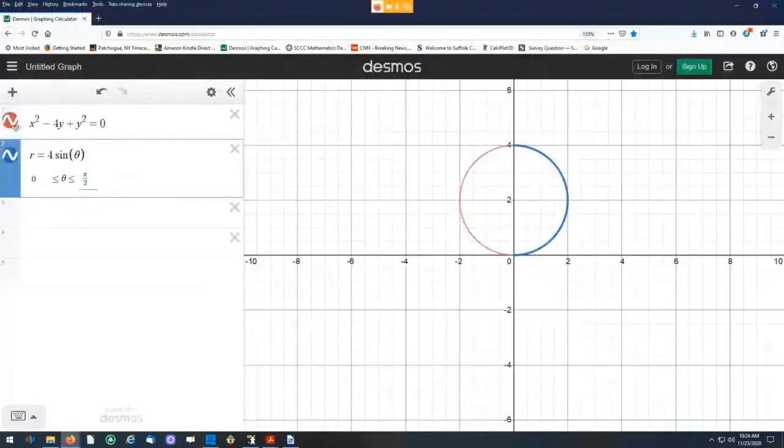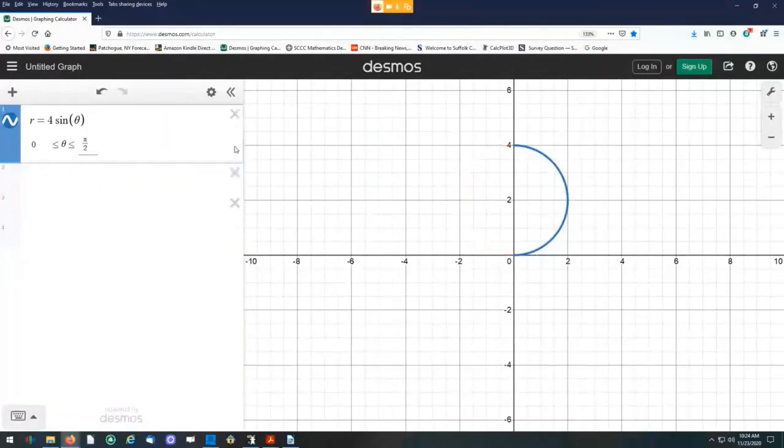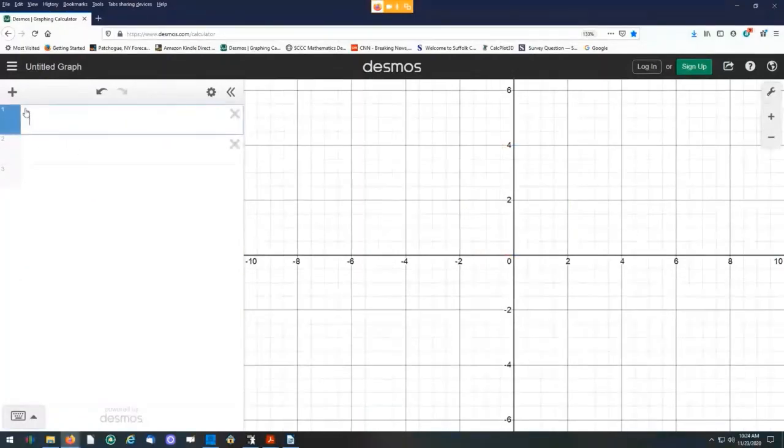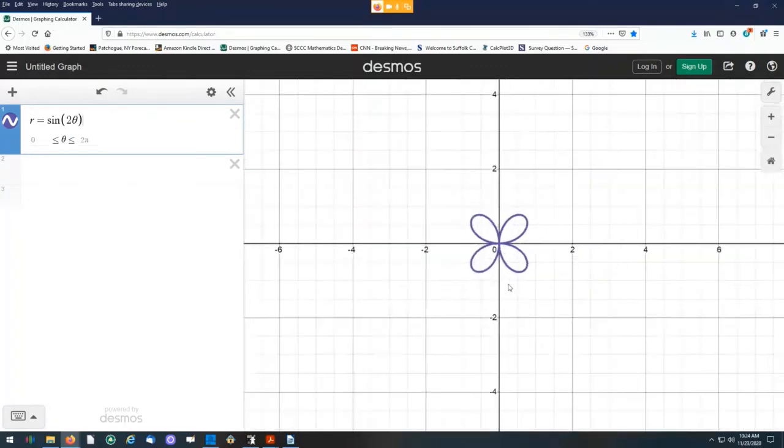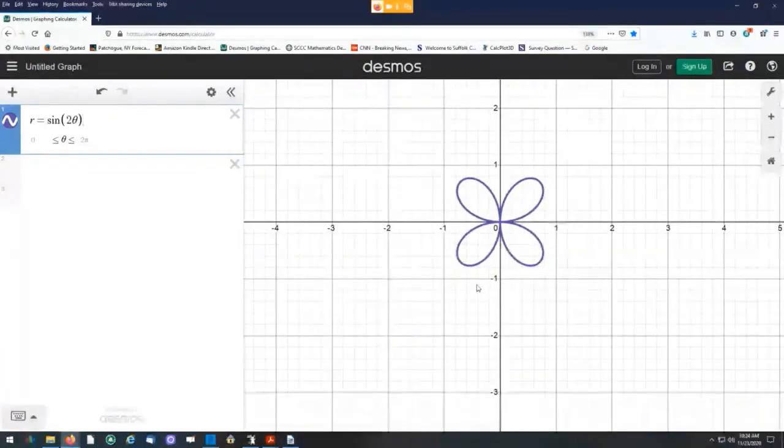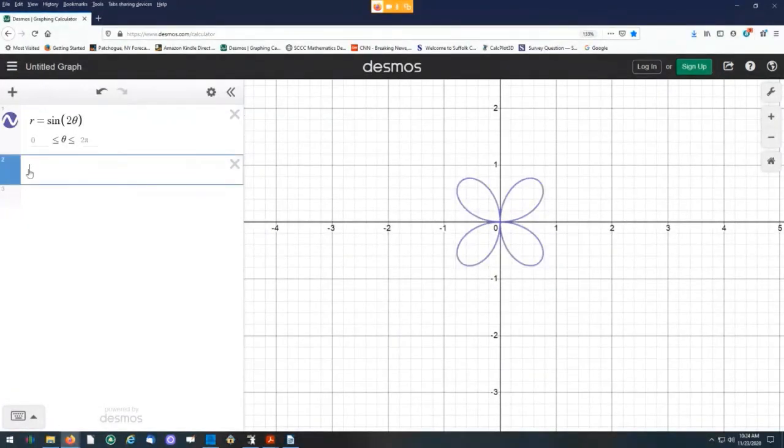Let's take a look at the picture of that graph and you'll kind of see. Well, I'm going to go back to our Desmos over here. Let me get rid of that. And let's just do r is equal to sine 2 theta. And you can see it's kind of this 4-leaf rose over here. A very complicated looking structure. Now let's try that other representation.